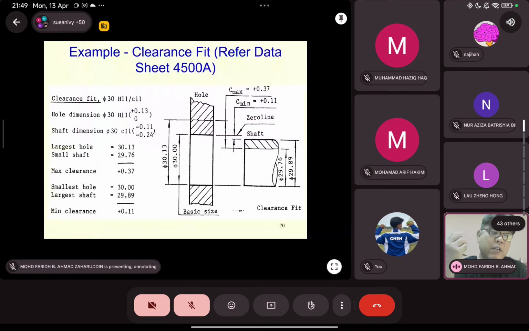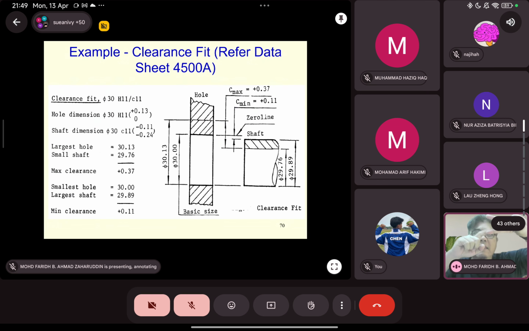First, you check, because you already calculated the maximum size of hole, minimum size of hole, maximum size of shaft, minimum size of shaft. Guna ni, tang jari saya ajar ni. Tengok tu.